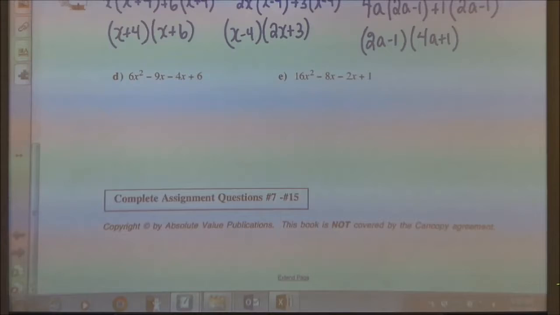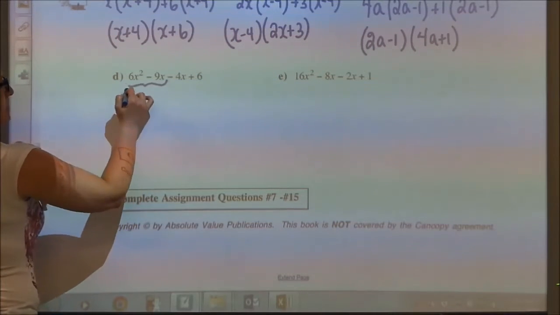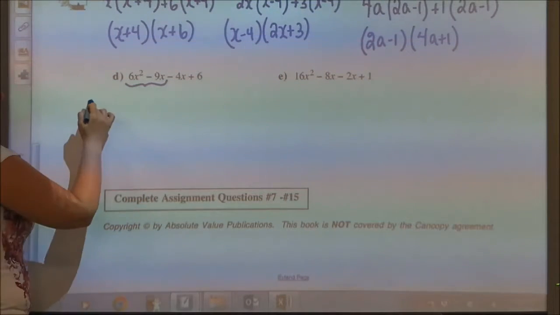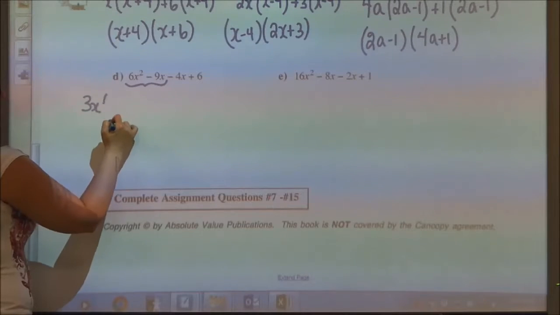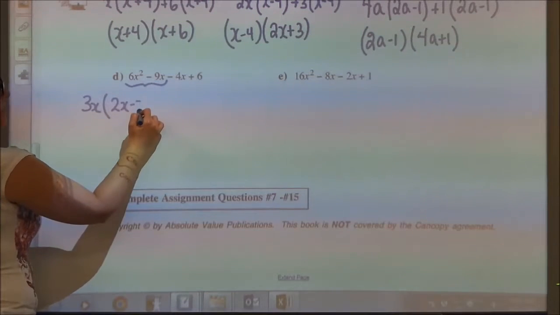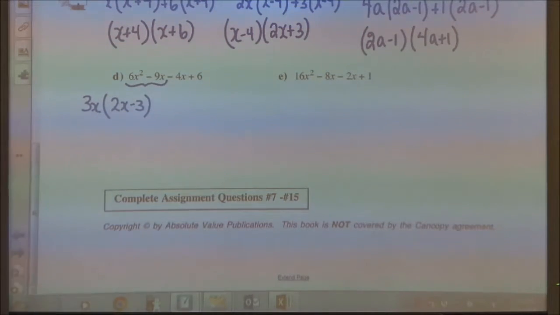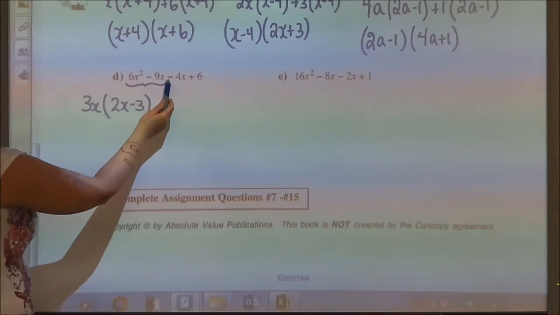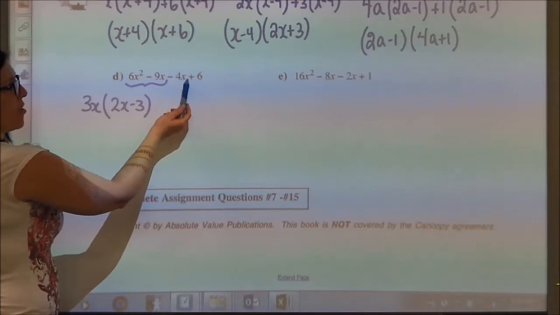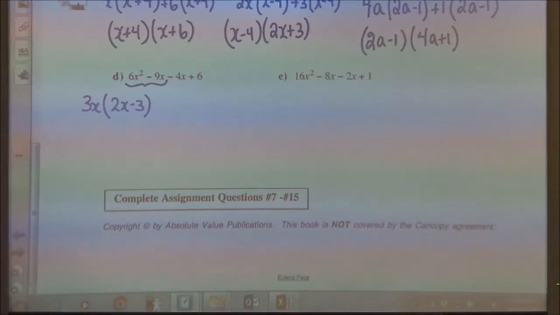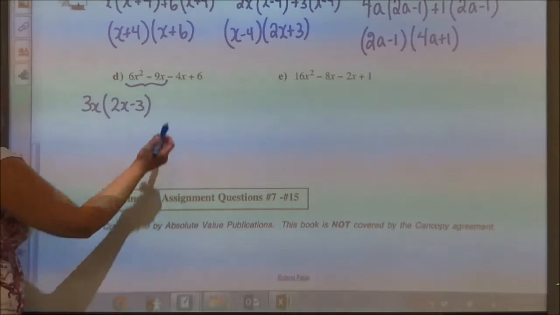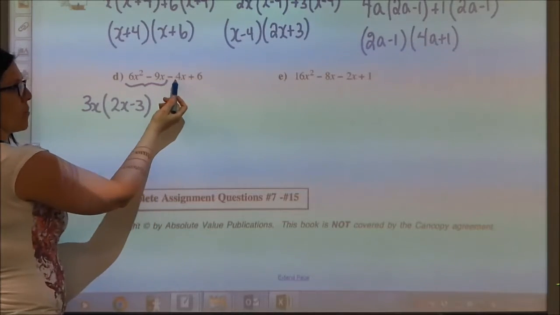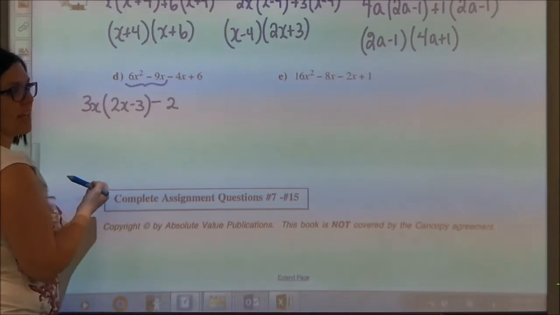If we look at D, 6x squared and 9x have a 3x in common, leaves me with a 2x minus 3. D is a little bit different from the other ones in that this term here is negative. So 4x and 6 have a 2 in common, but this time I don't want to take out a positive 2, I want to make this a negative 2.